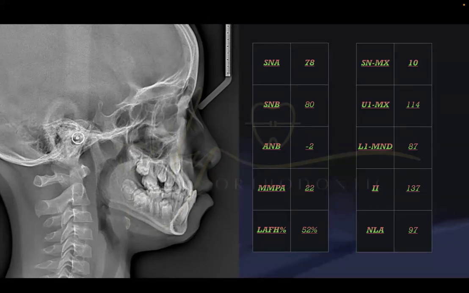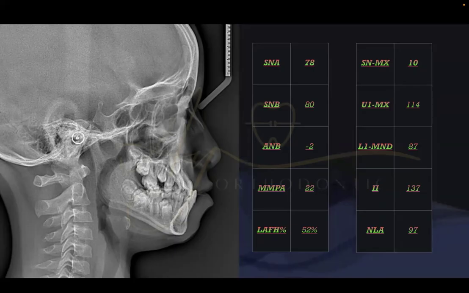When there is an anteroposterior discrepancy. Excellent. And what are the contraindications to use the face mask?